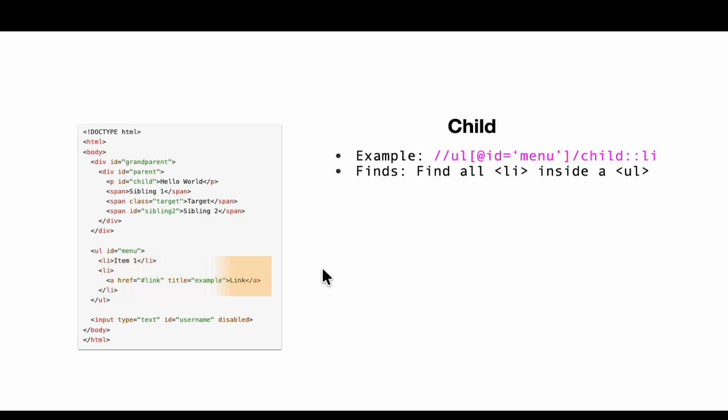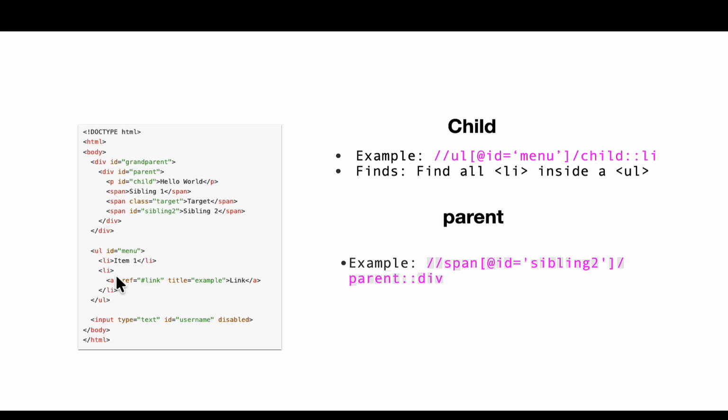Next we will see parent. How does parent work? Example, I'm taking span which has ID sibling 2. Where is it? If I go here, this is the one. So you see span ID sibling 2, and parent div. What is the parent div? If you see, these are all siblings, in one line. If you go to the top and move a little bit left, I have the div with ID parent.